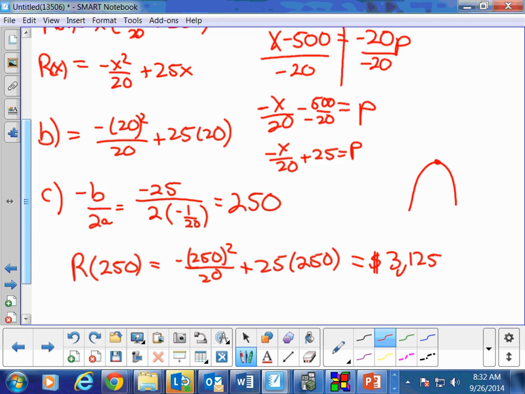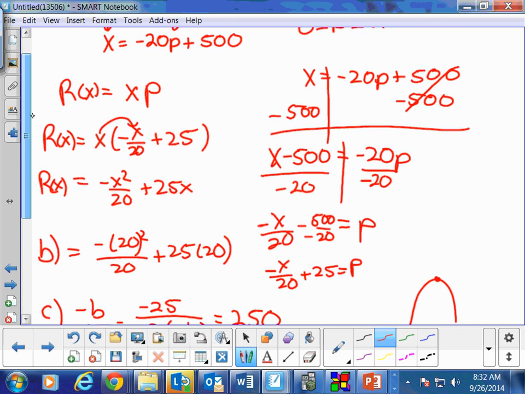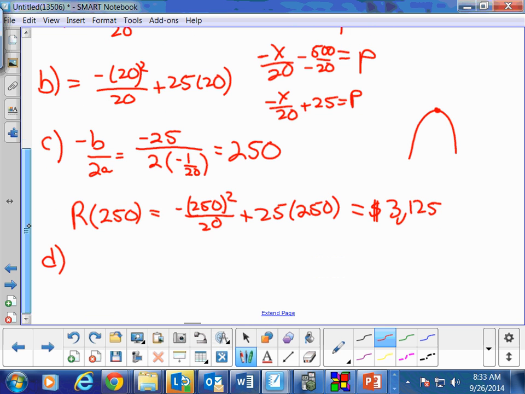Now, the next part, part D, says, what price should the company charge for the maximum revenue? Well, we know that x is 250. I know my original equation was down over there: x is equal to negative 20p plus 500.